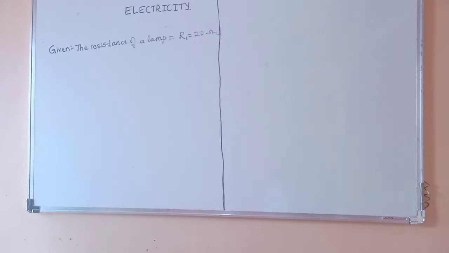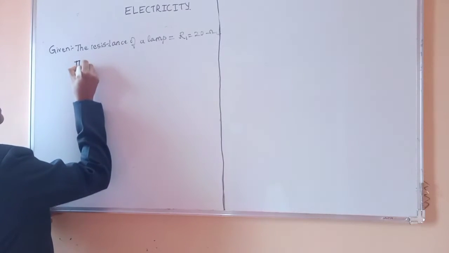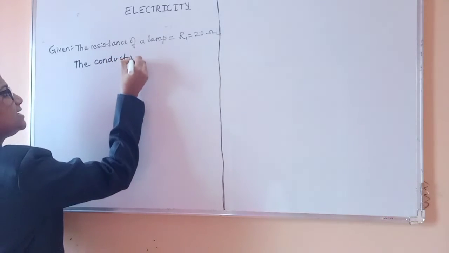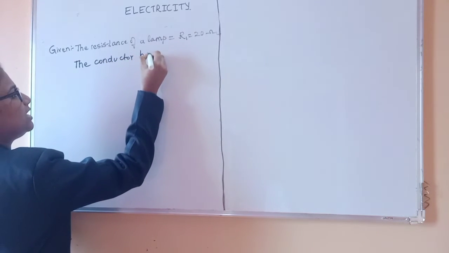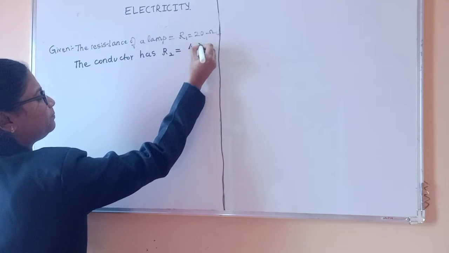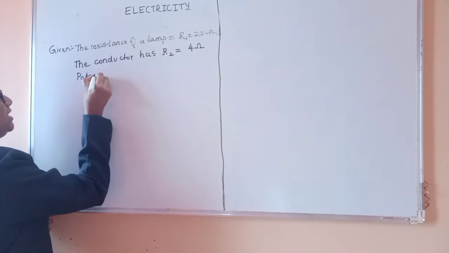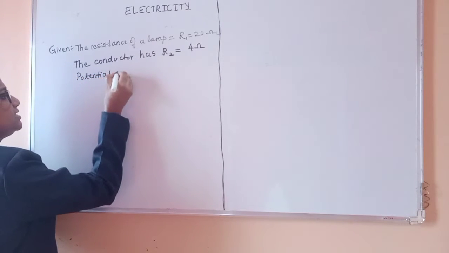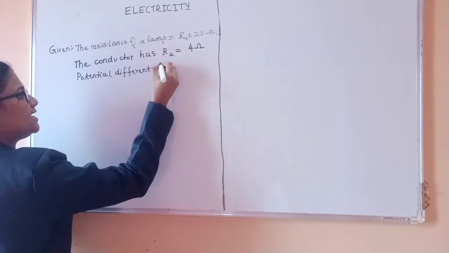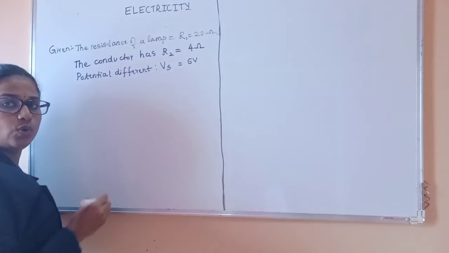Next we have the conductor, which has resistance R2. So that is equal to 4 ohm. Then the battery has a potential difference, which we can consider as Vs in a circuit, it is 6 volt.